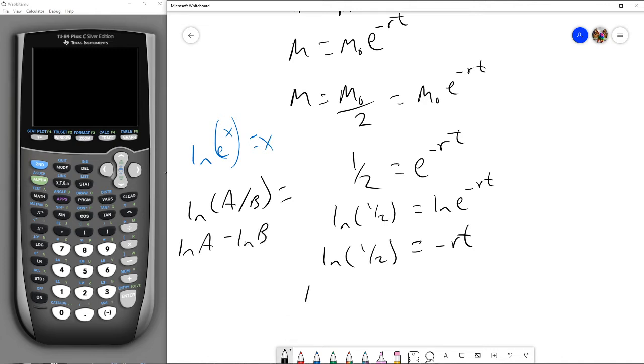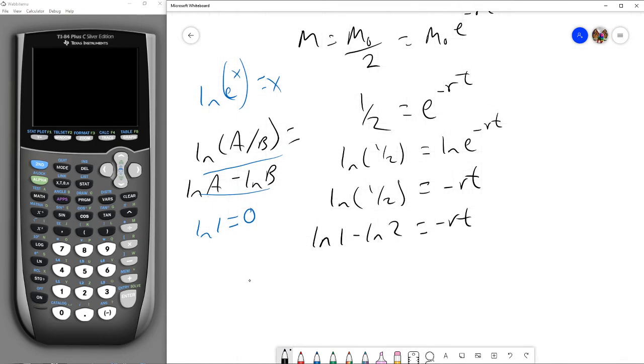So this will precisely be natural log of 1 minus natural log of 2 is equal to negative rt. And now we can include another property we talked about. I should have put this one in blue, we'll just underline it since I forgot. But the natural log of 1, or the log of any base with a 1 plugged in, is just 0. So then this simplifies to negative natural log 2 is equal to negative rt.